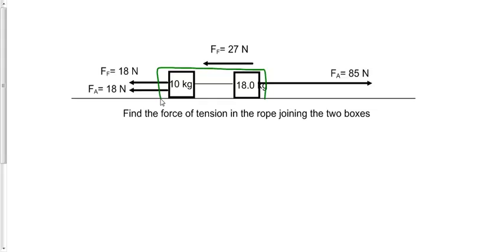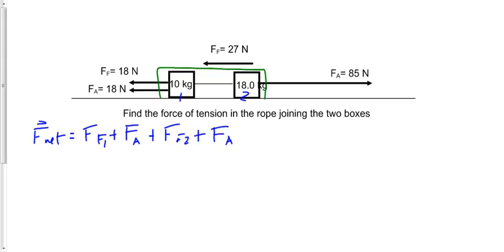We've got a free body diagram drawn already. Everything except the force of gravity and the normal force. It's really okay that we leave those out this time because they cancel each other out anyways. All right, let's find the acceleration of that system by analyzing the entire system here. We're going to say the net force is the sum of the forces. That's going to be FF1, we'll say, plus FA, plus FF2, plus F. It looks like we have 2 FAs.